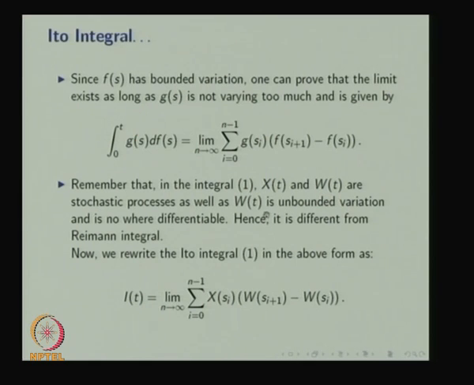Since f(s) is of bounded variation, one can prove that the limit exists as long as g(s) is not varying too much, and it is given by the integration from 0 to t of g(s) df(s), which is nothing but the limit as n tends to infinity of the summation for i equal to 0 to n minus 1 of g(s_i) times the difference f(s_{i+1}) minus f(s_i).